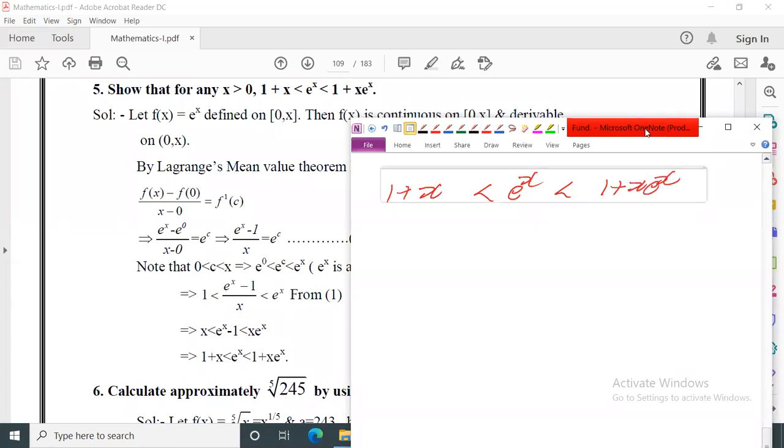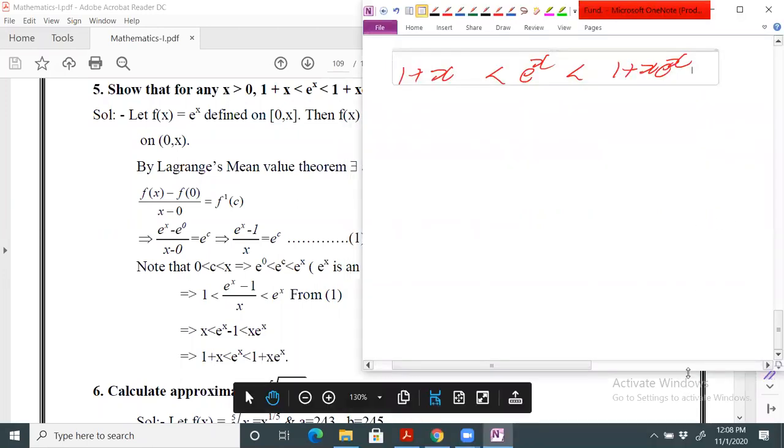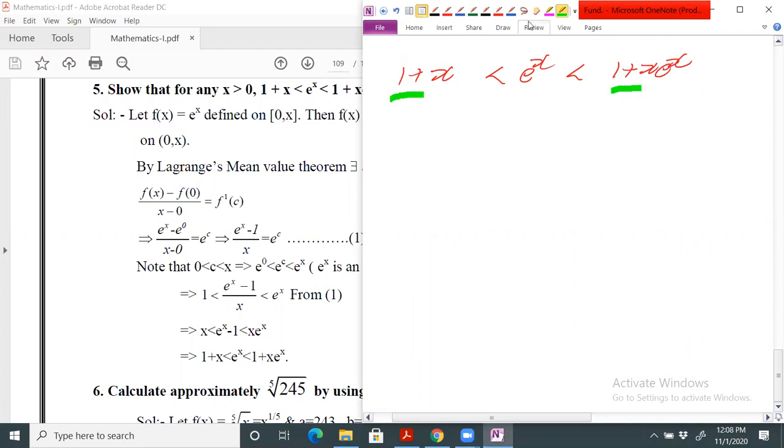For showing this, we have to consider the function f of x and an interval. This is an inequality. Please try to understand that plus 1 is available here, and plus 1 is also available there. So subtract 1: 1 plus x minus 1 becomes x, less than e power x.